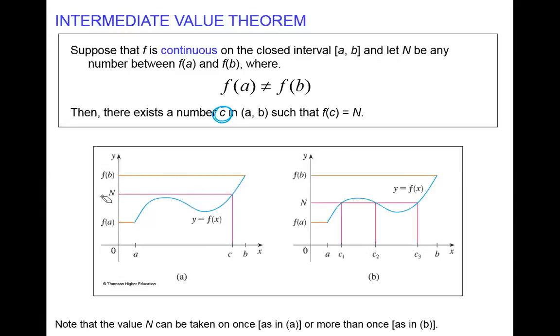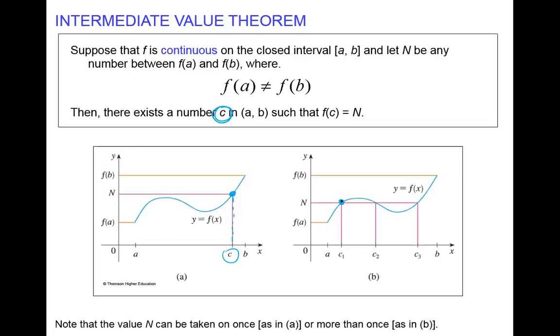That's what the theorem is telling. Having a continuous function and drawing a horizontal line just between the values, like line n, this line will always intersect the curve.